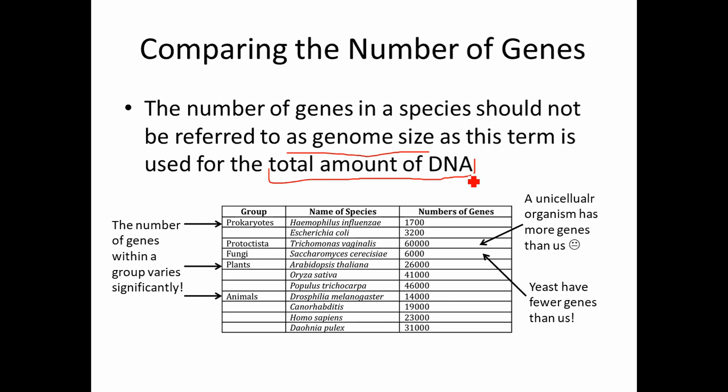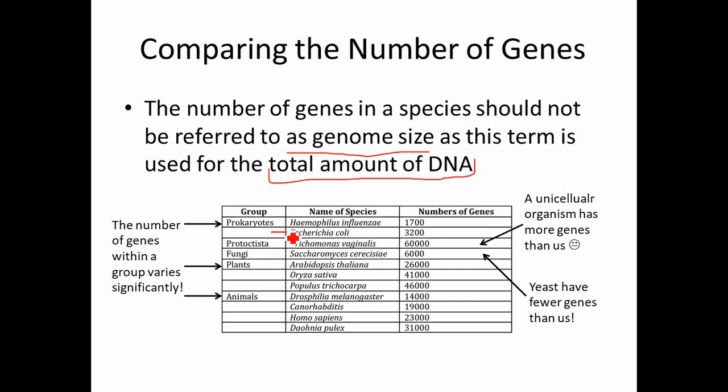So that total amount of DNA includes segments of DNA that do not include or encode for genes, as well as mitochondrial DNA if it's an animal cell. And if it's a plant cell, it would include the DNA within the nucleus plus mitochondrial DNA and then DNA within the chloroplast. And so the number of genes within different organisms will vary greatly.